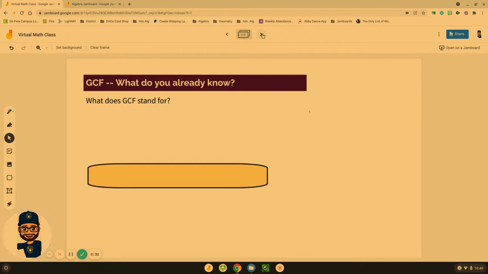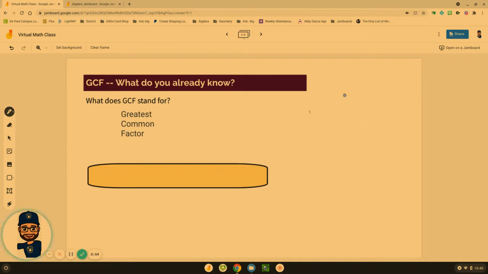Maybe you already know. Yeah, GCF is called the greatest common factor. The greatest common factor. And remember, factors are numbers that go into.